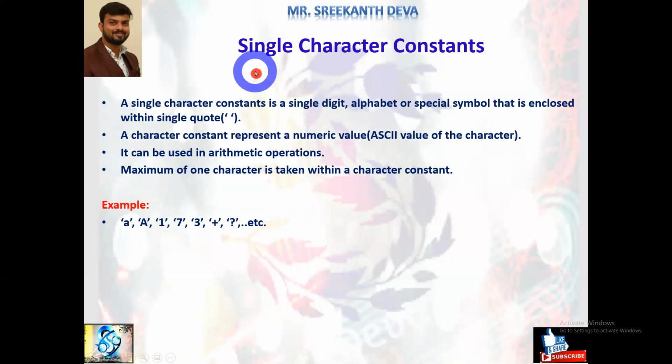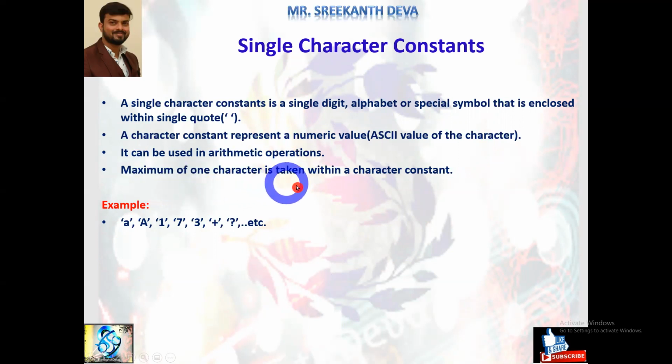A single character constant is a single digit, alphabet or special symbol enclosed within single quotes. A character constant represents a numeric value, the ASCII value of the particular character. It can be used in what? Arithmetic operations.